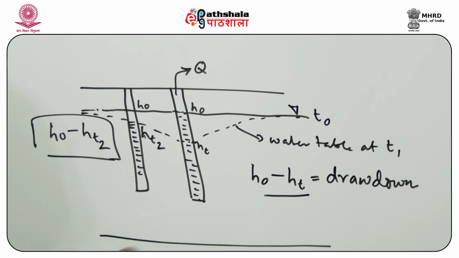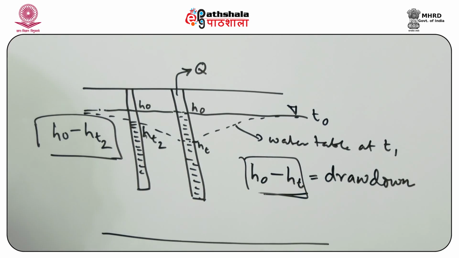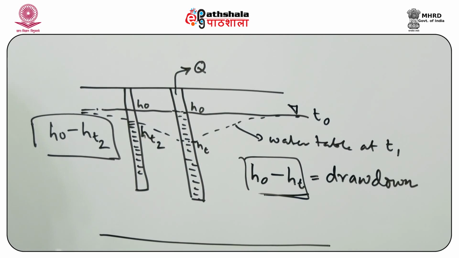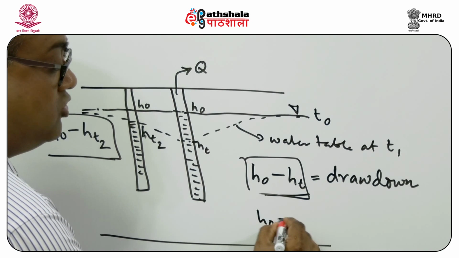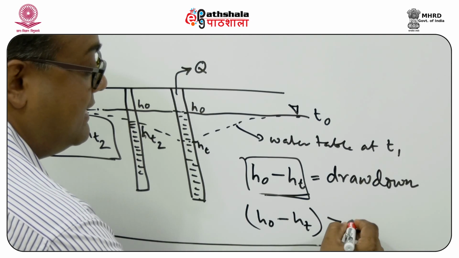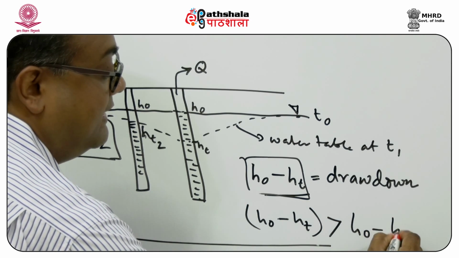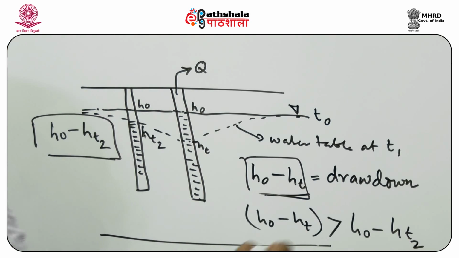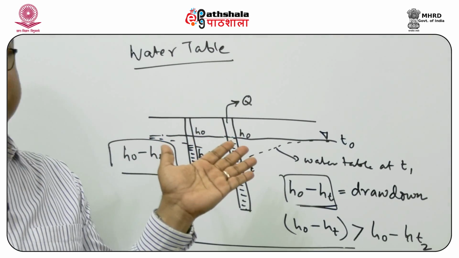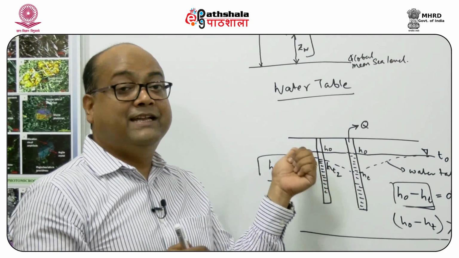This is one drawdown value, and this is another value of drawdown, but as we can see, the drawdown H0 minus HT is greater than H0 minus HT2. Why? Because the cone, or the depression that takes place, becomes lesser and lesser.